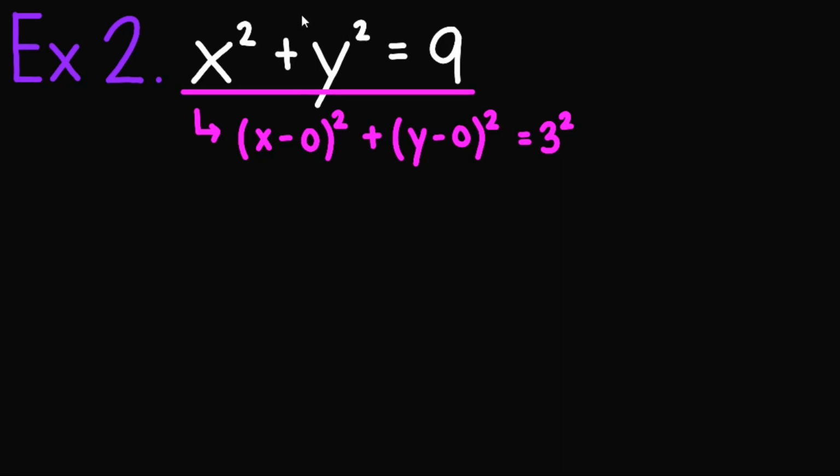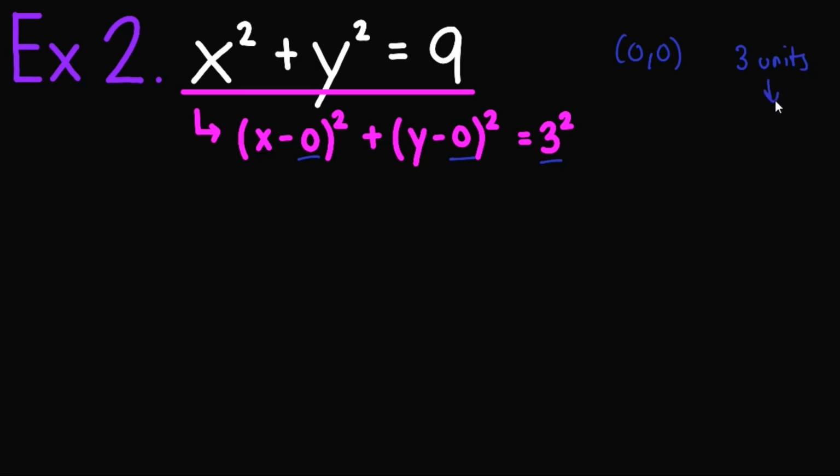So technically, this is already in its center radius form. Actually, this is like the unit circle, but with radius 3. We just expressed it in this form so that we can easily see the center and the radius. So the center is given by 0, 0, and the radius is given by 3 units.